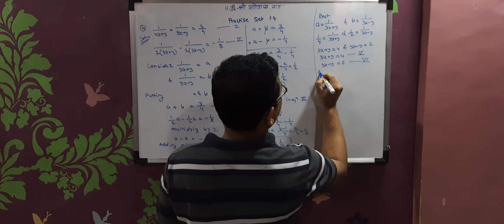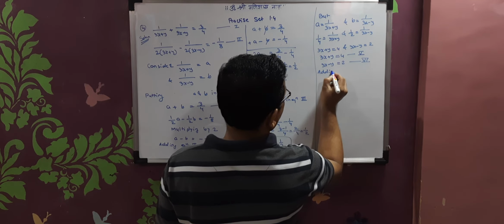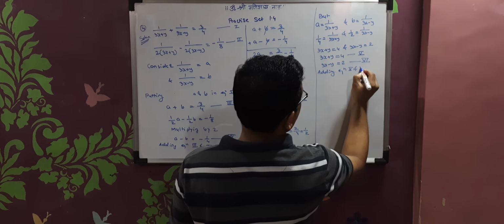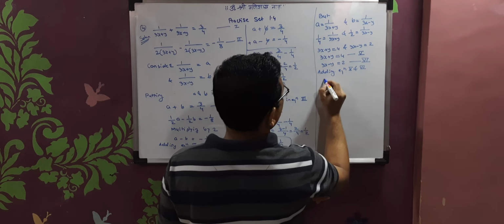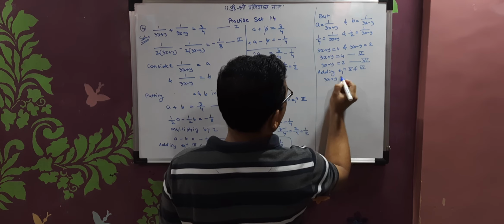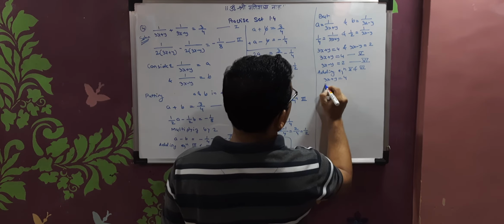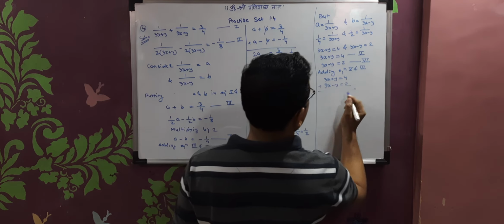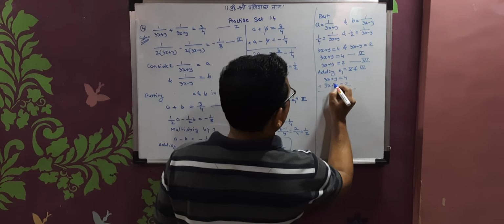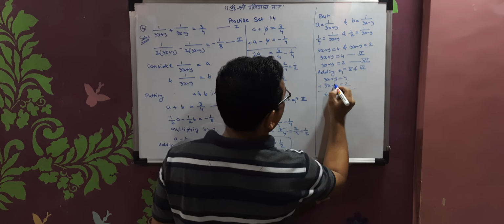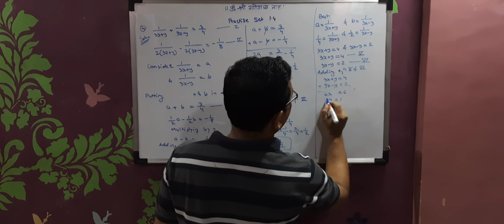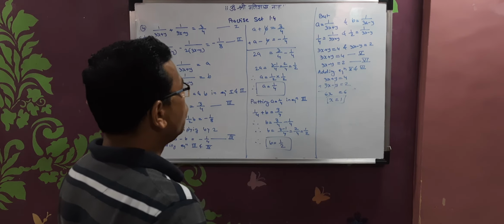So adding equation 5th and 6th. So this is 3x plus y is equal to 4, the 3x minus y is equal to 2, plus. So this is 6x. This y gets cancelled. This is 6. So x is equal to 1. X is equal to 1.